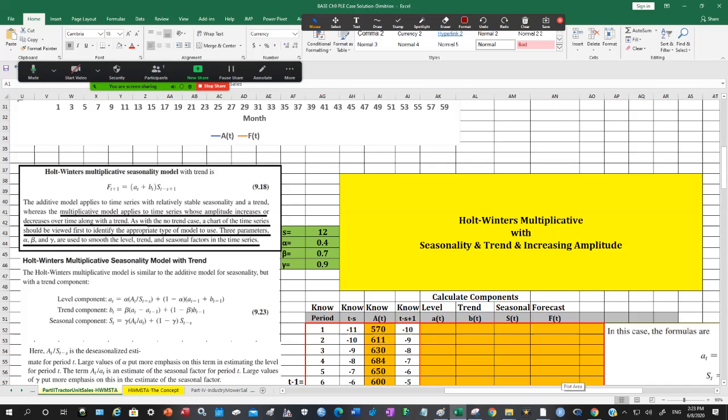There's another version of it, which is the Holt-Winters multiplicative with seasonality, no trend, and increasing amplitude. Of course, the idea is extremely close.